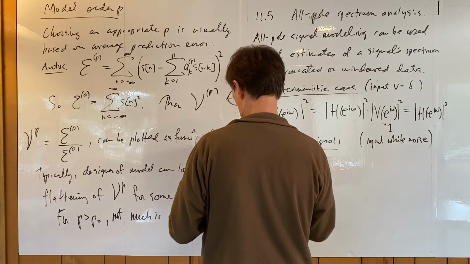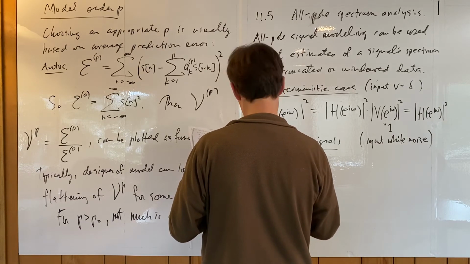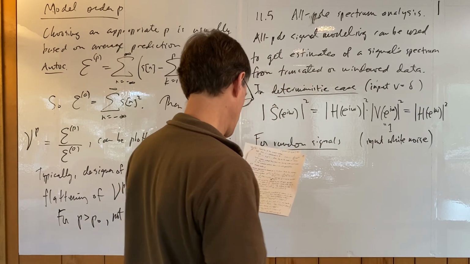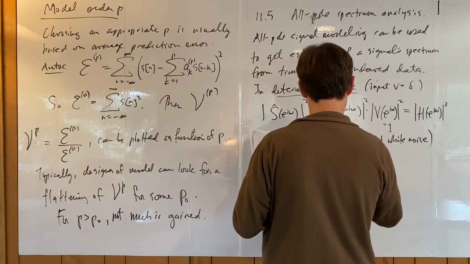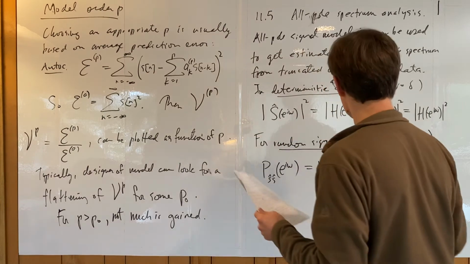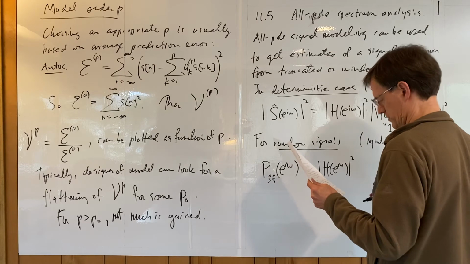We get P of S hat of e to the i omega. There are a lot of different notations for the power spectrum, but again, what we're going to get here is |H(e^{iω})| squared. Again, this is our all-pole filter. That's where the system function H is coming from, right?